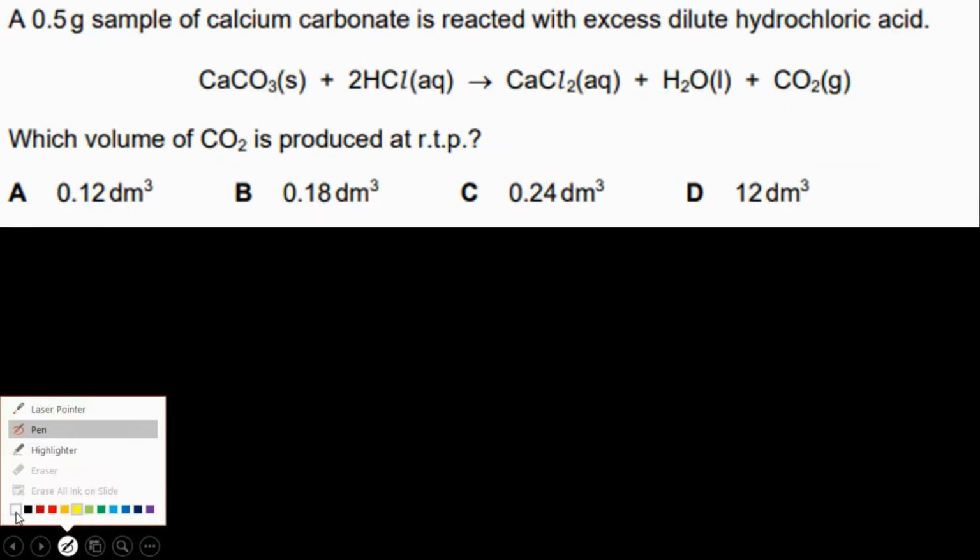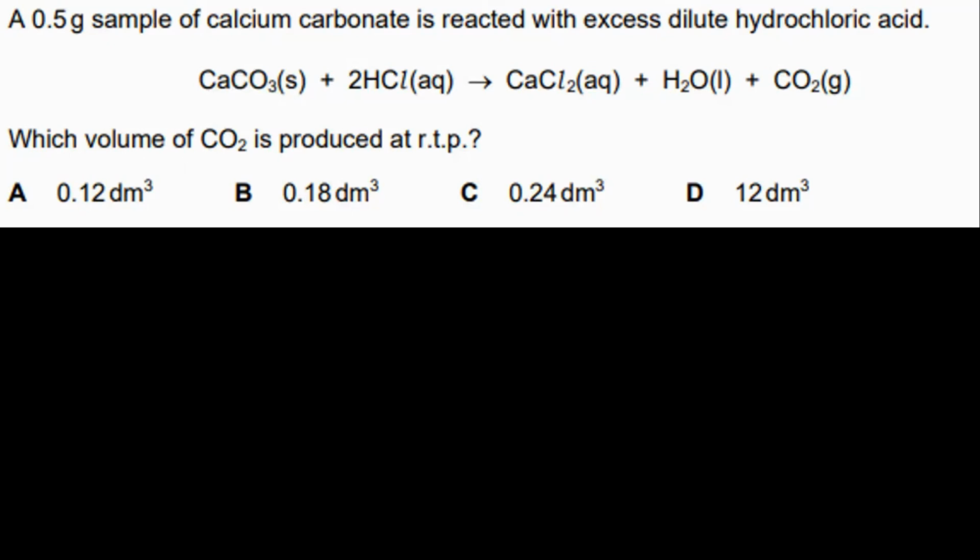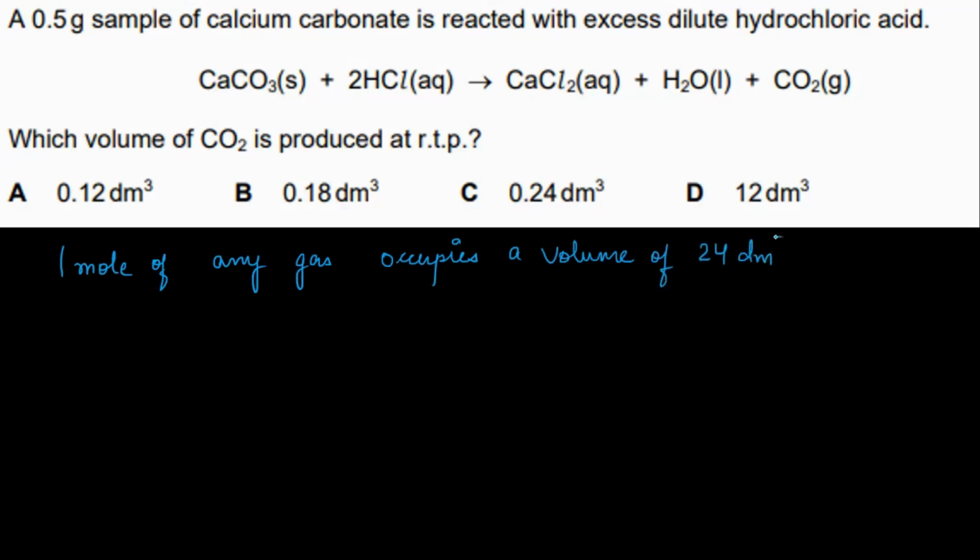Now, for this type of question, where they ask for the volume of CO2 produced, you first have to note a very important statement: 1 mole of any gas occupies a volume of 24 dm cube at RTP.